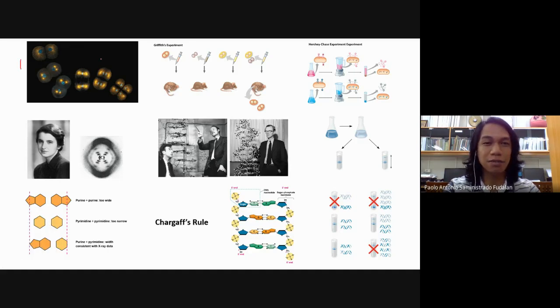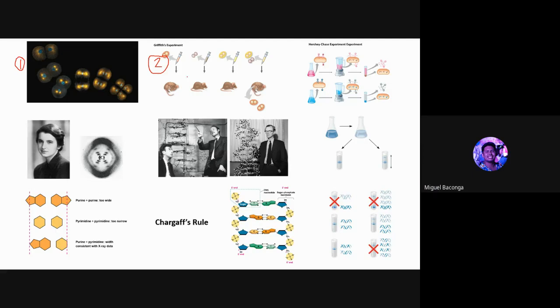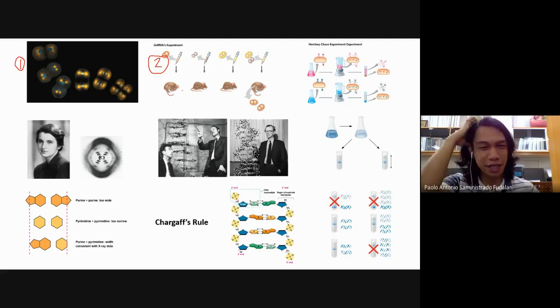Let's have this number 1 and number 2 first. Anything at all that you can say about these drawings or photos? DNA, sir? Okay, yeah, this is about DNA.